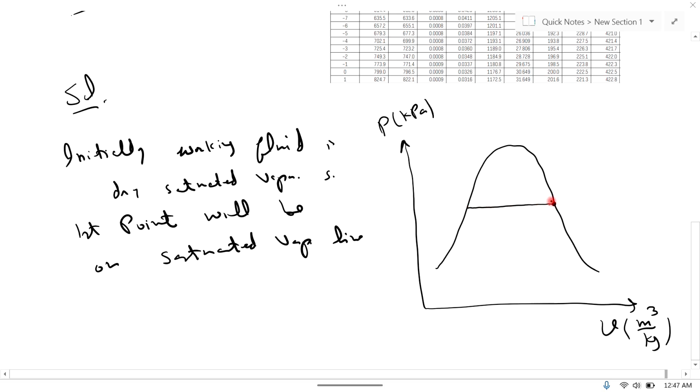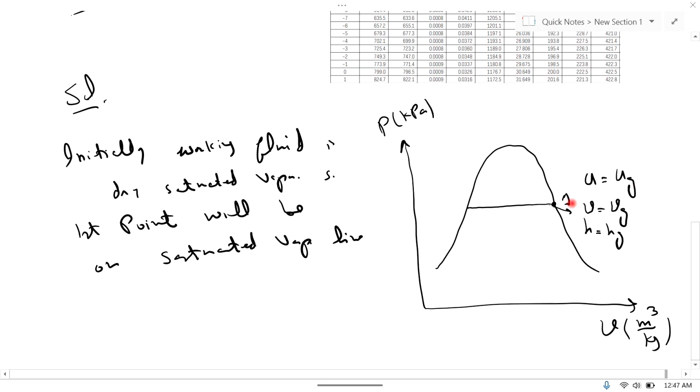Here temperature is equal to 0. This is point 1. At this point V is equal to Vg, H is equal to Hg, and U is equal to Ug. So the start point is this point.